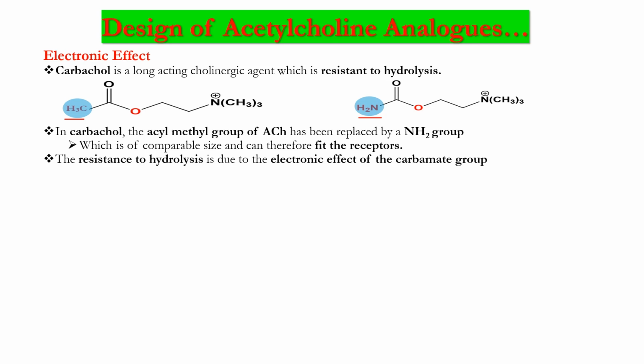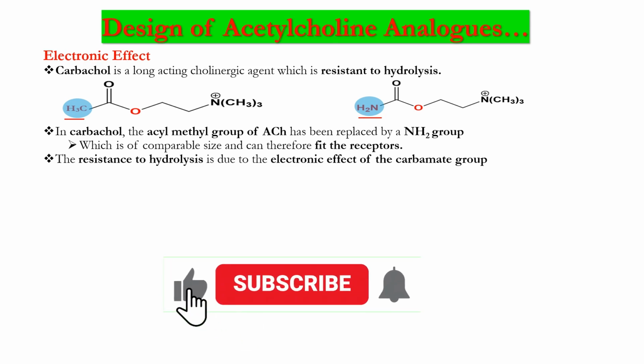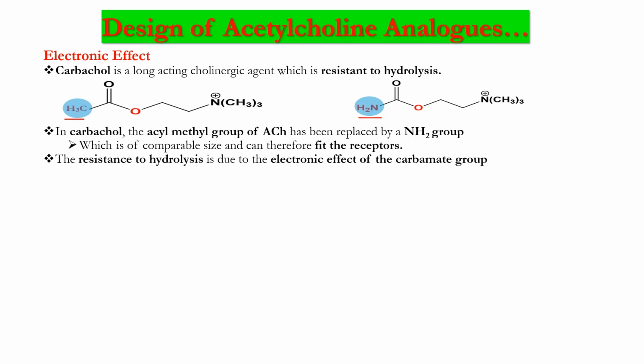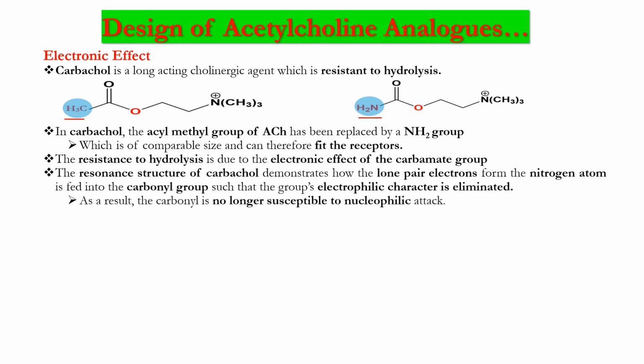The two groups, the methyl and the amine, have comparable size so that they can fit the receptors. The resistance to hydrolysis is due to the electronic effect of the carbamate group, since the nitrogen contains a lone pair of electrons.